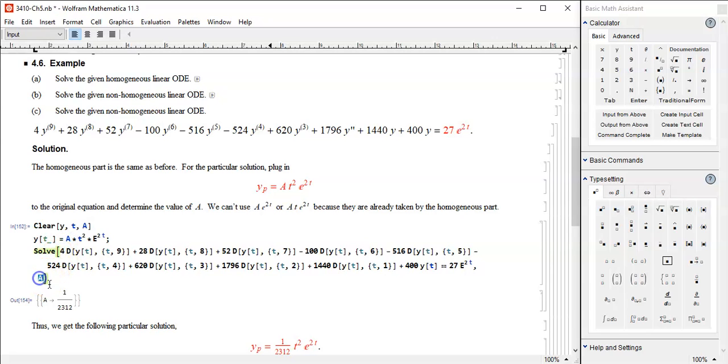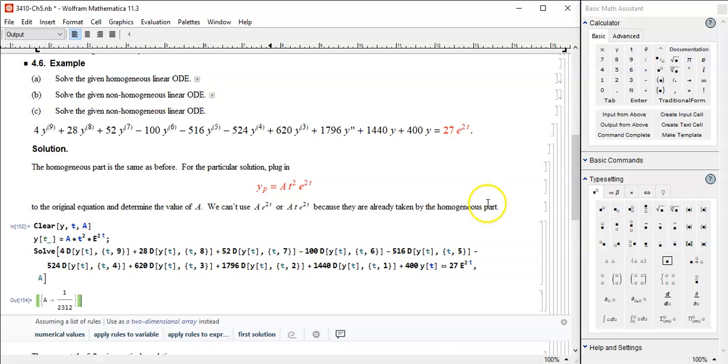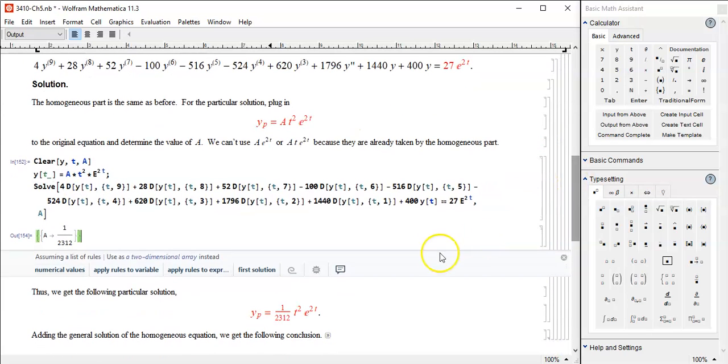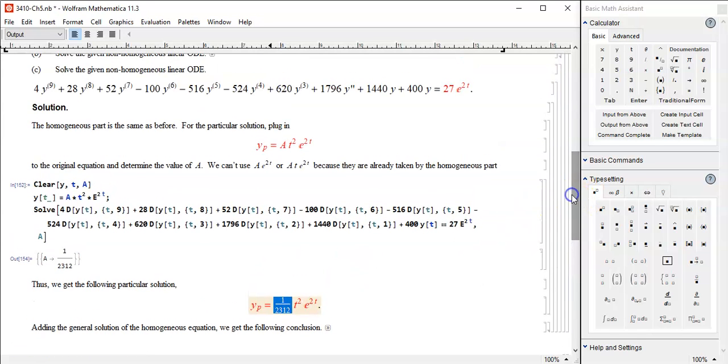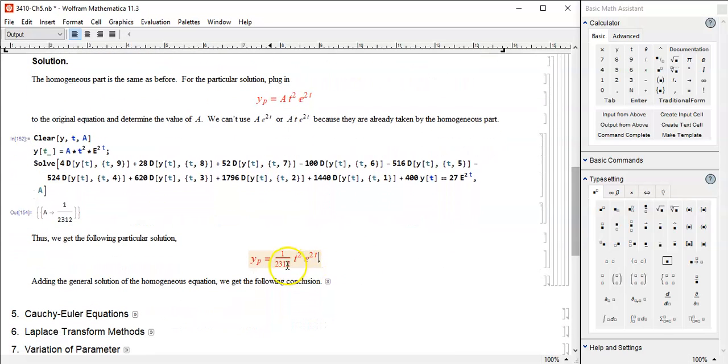So comma a, and what did you find out? 1 over 2312. Okay, all right. And that is the coefficient that I have found. So what's the deal? This is a particular solution, and we can check that with the mathematical program, but that can wait. Let's get the general solution first.